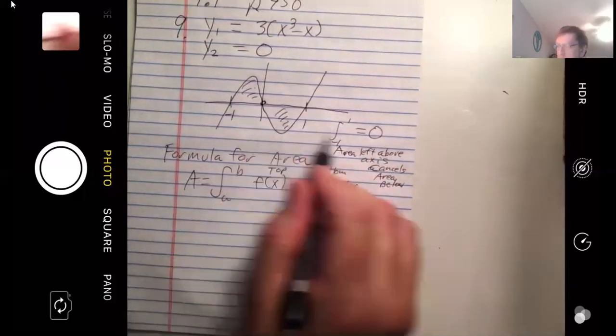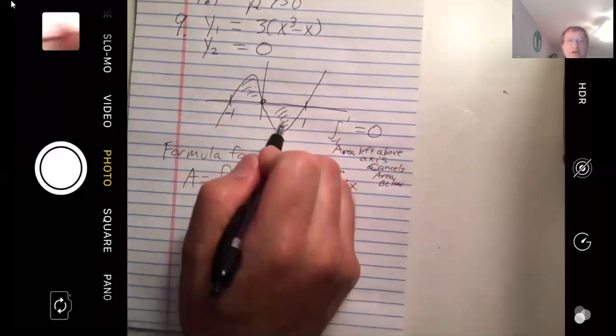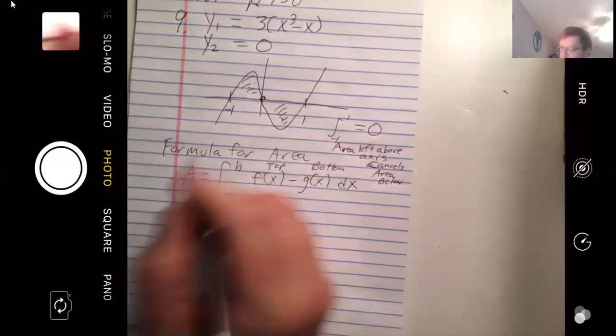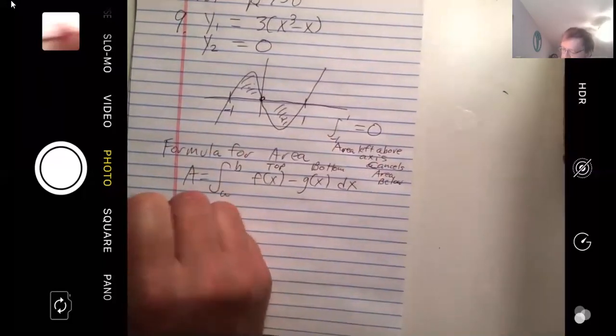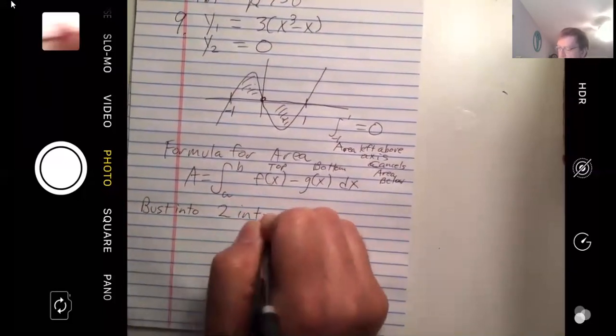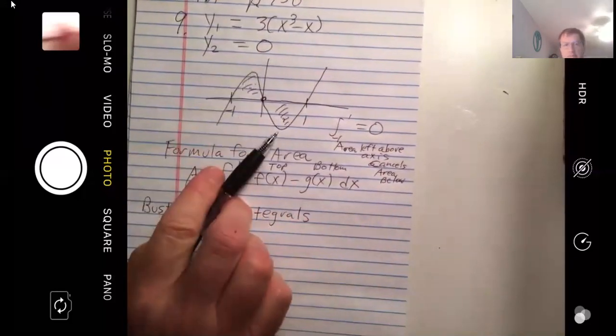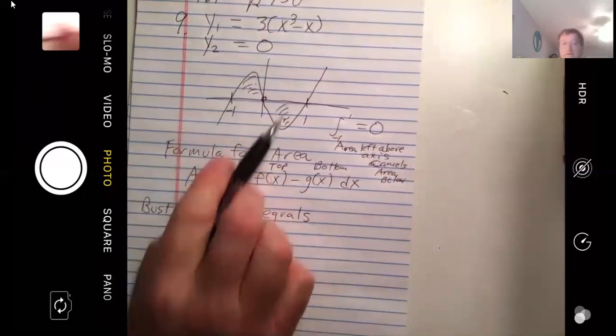Okay, so that's not what we want. We actually want this physical number for both these areas. So what happens is we got to bust this into two pieces, into two integrals to get a number out, because your top curve is switching, your bottom curve is switching.